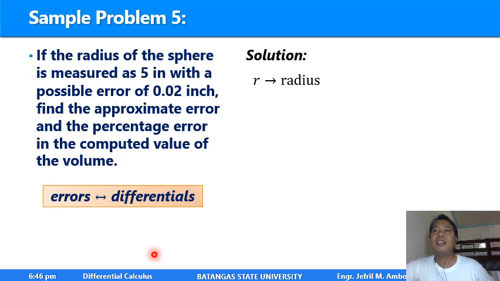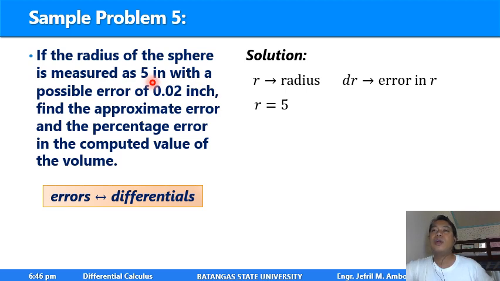Okay, so now, let us represent the radius in terms of r. Here, the radius is r, and the error in the measurement of the radius we represent as dr. So how much is r in the problem? The radius is 5, and the error in the measurement of the radius, which is stated in the problem, is 0.02 inch.